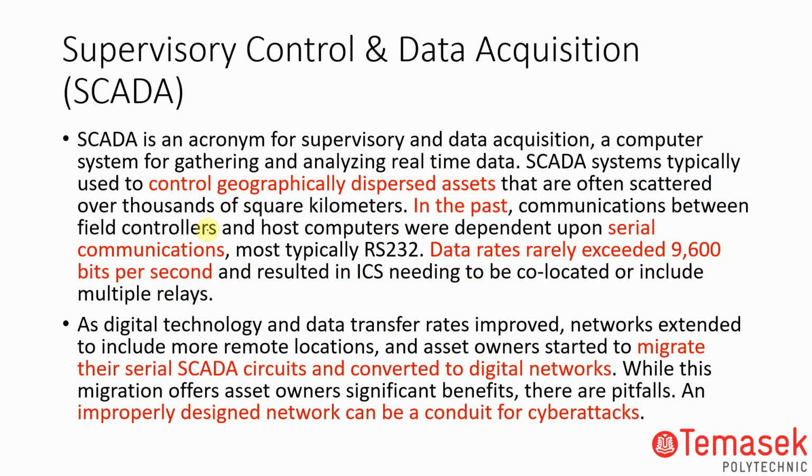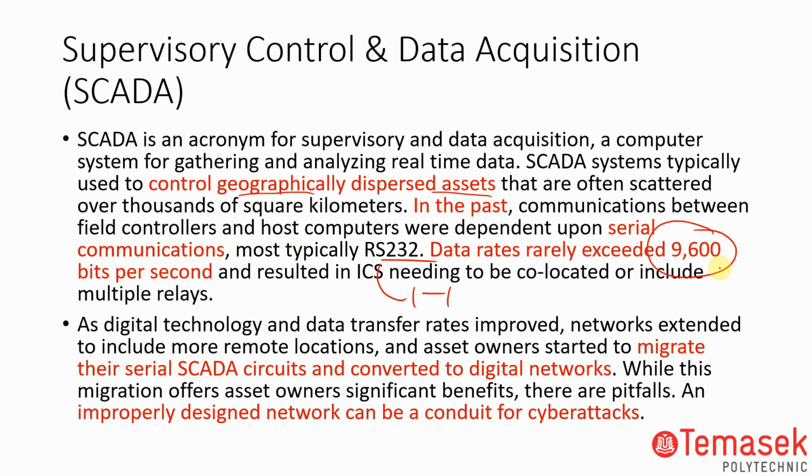SCADA is spread over a huge geographical area a lot of the time. They are using serial for communication, basically RS-232. RS-232 is basically 1:1 communication, and the speed is basically serial communication, which is 9600.